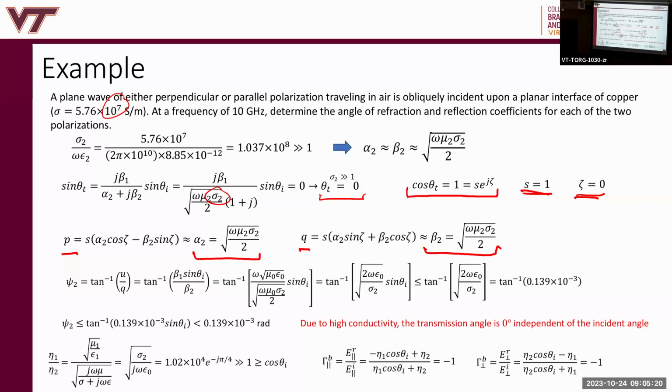And then we can find psi 2 from the expression we derived before, and we end up with this expression here. So, due to the high conductivity, the transmission angle is 0 degrees independent of the incidence angle, and the transmission angle we find has to be less than this value here, which is, so you know what?